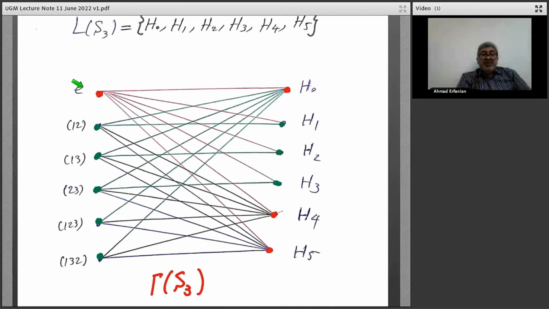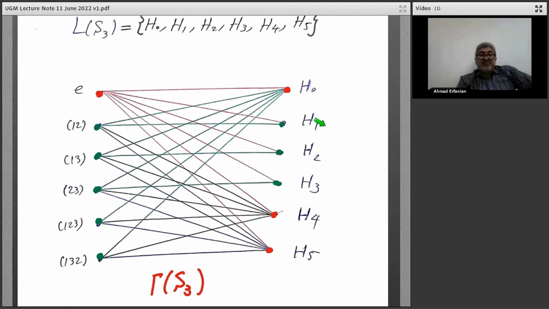Now look at (1 2). (1 2) is adjacent to H0 because H0 is the trivial subgroup. (1 2) is adjacent to H1 because H1 consists of (1 2).